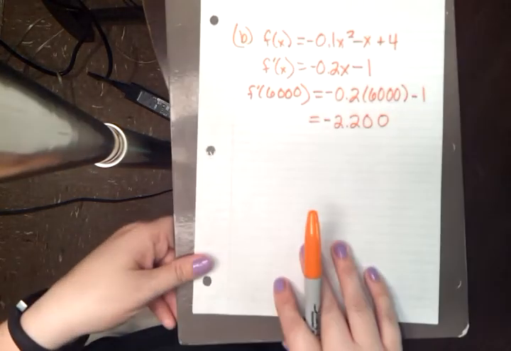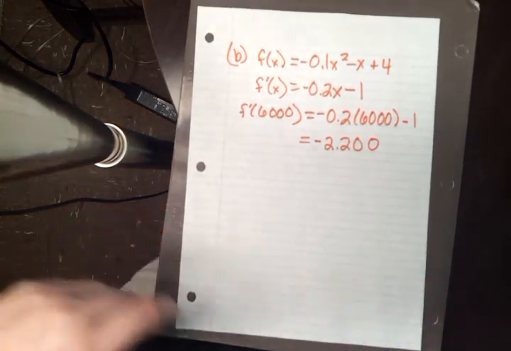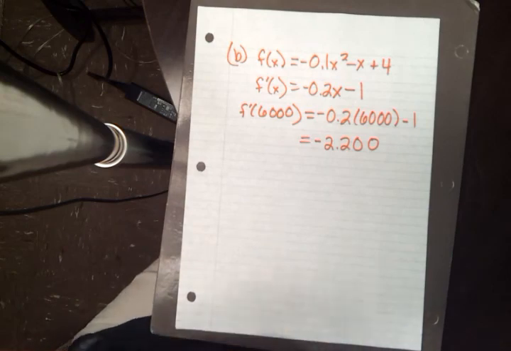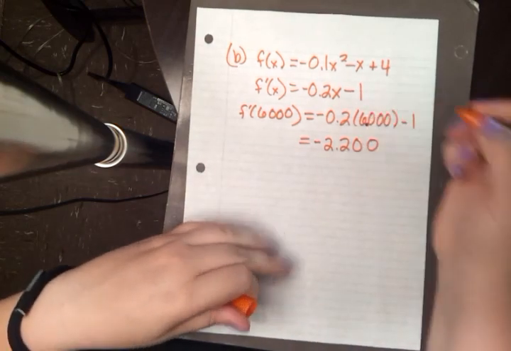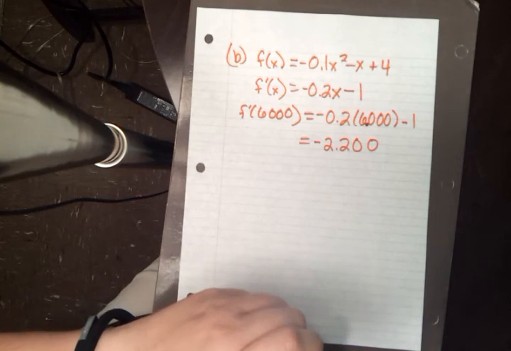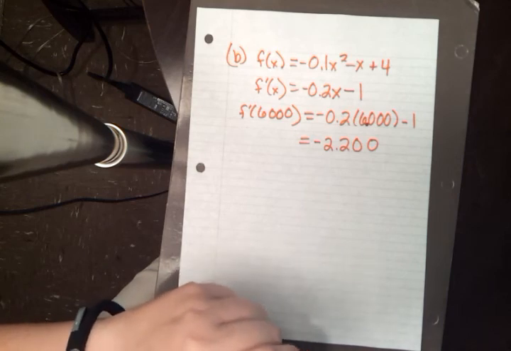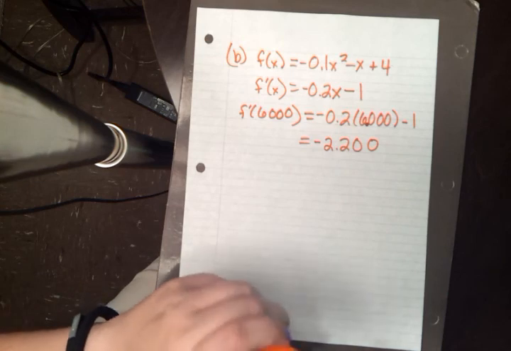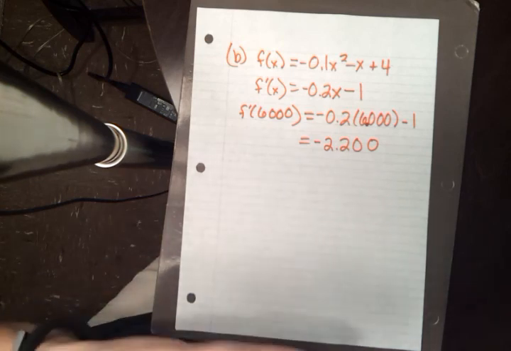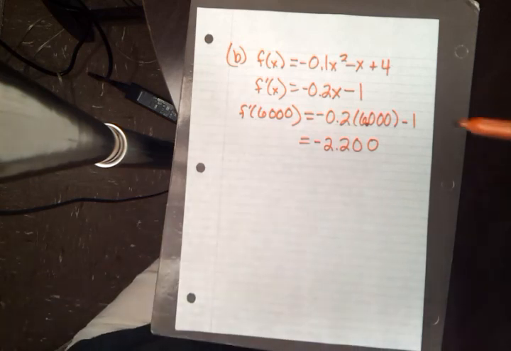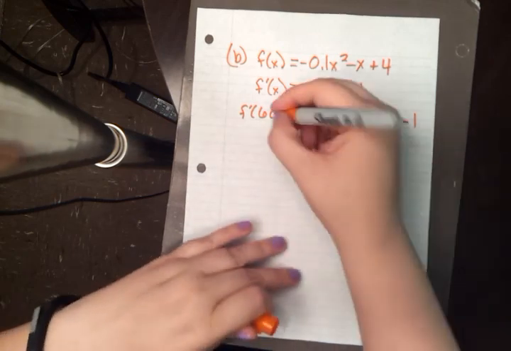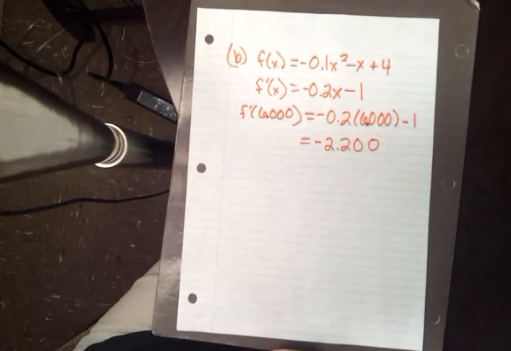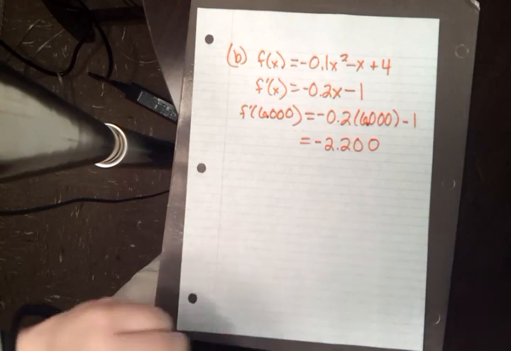And then finally, when you do the derivative and you plug in the 6,000, that's 6.000. When you plug the 6.000 into your derivative, you're going to get the appropriate answer. Okay? Good luck on your test.